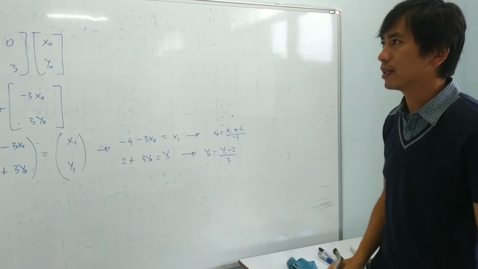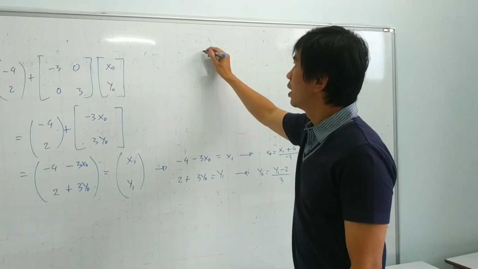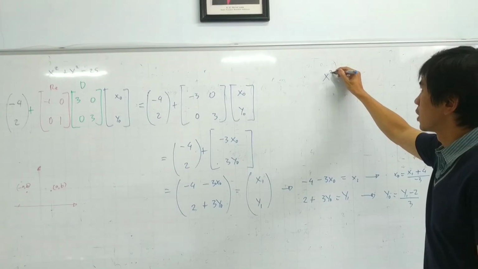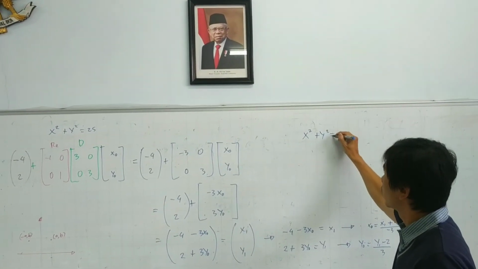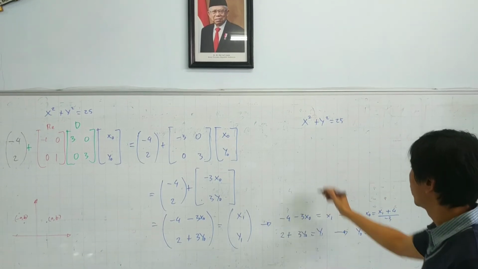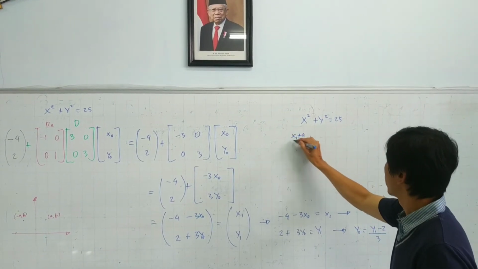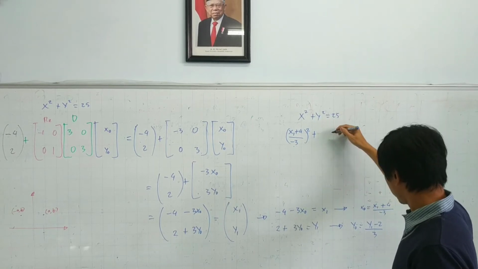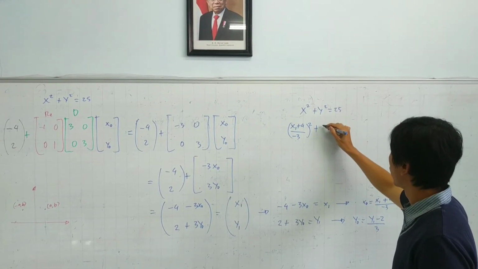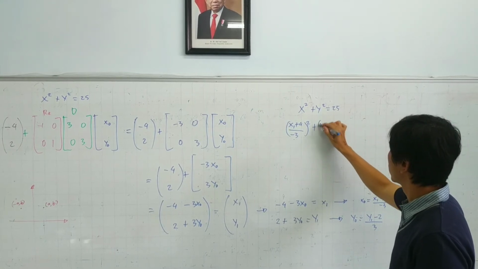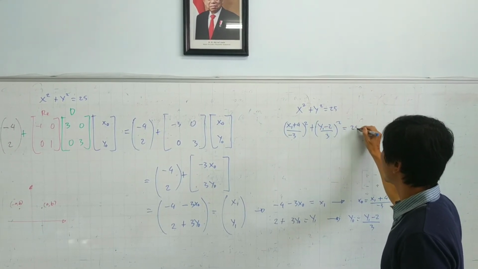Then after you get this, put it into the old equation, or the original equation, x squared plus y squared equal with 25. Remember that this is xo and yo. So you have (x1 plus 4) over negative 3, squared, plus, over here we have (y1 minus 2) over 3, squared, equal with 25.